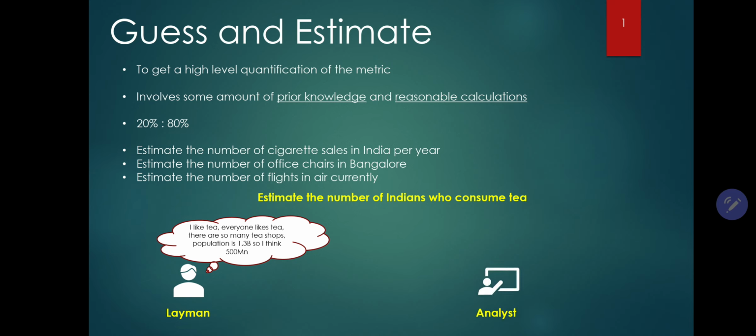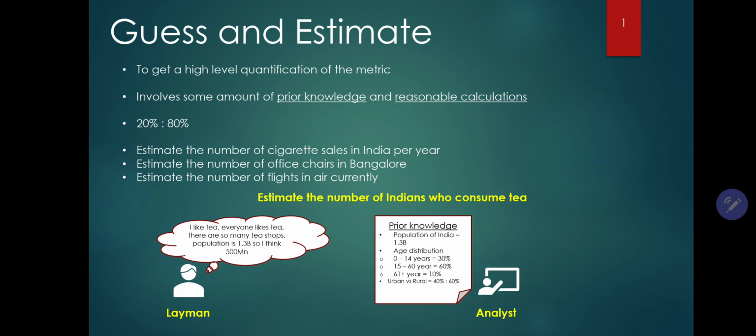That is where the analyst's perspective comes in. An analyst will think in terms of prior knowledge and reasonable calculation. He'll first note down what all things he knows. He knows the population of India, which is 1.3 billion.